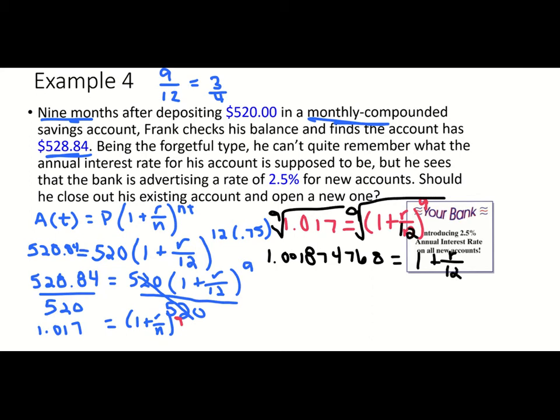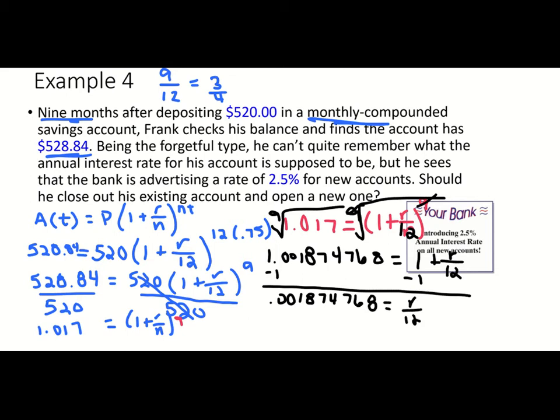Because our 9th root's canceled out there. Now, we've got to get our rate, so we're going to subtract 1. So now I have 0.001874768 is equal to r divided by 12.